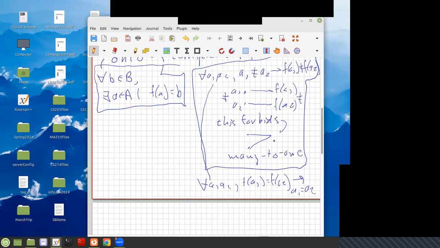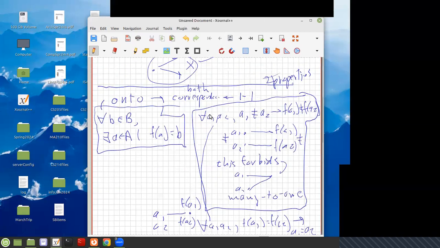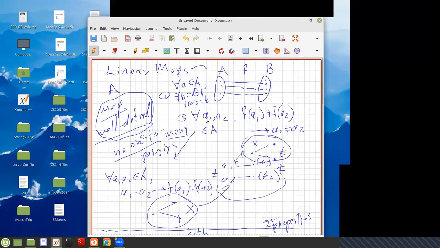In other words, if two things are the same, it will turn out that A1 has to equal A2. Again, if you have one element here, it can only come from one. You can't have many to one. Okay, these are the formal definitions of what we did intuitively last time.